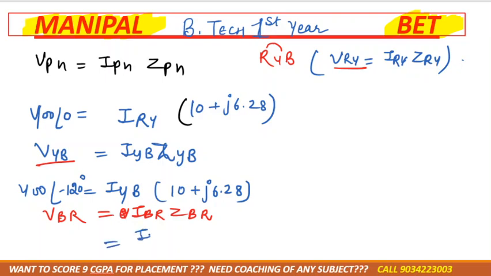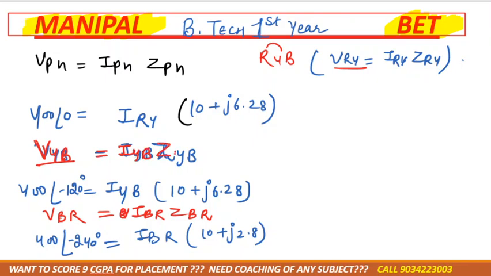So it would be IBR, we need to calculate. Impedance is the same for each and every case. Voltage is the same but the angle is different, so the third angle is always minus 240. Okay, I'm writing like this: VYB is equal to IYB into ZYB, this one and this one.